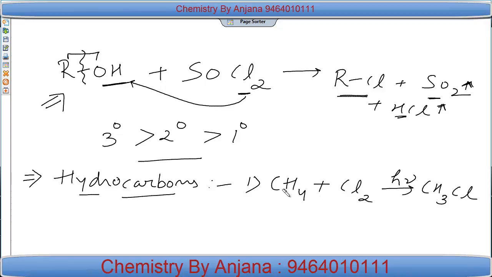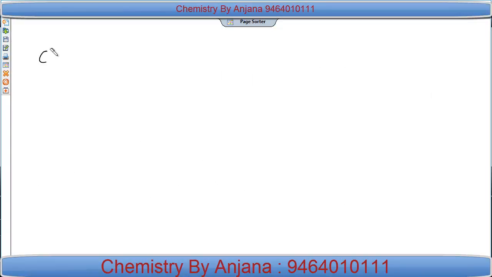So what happens here? One hydrogen from a hydrocarbon like methane is replaced by a halogen. Let's see its various products with some other example under the same category. So just to see that detail, I am taking another example, CH3, it is ethane.